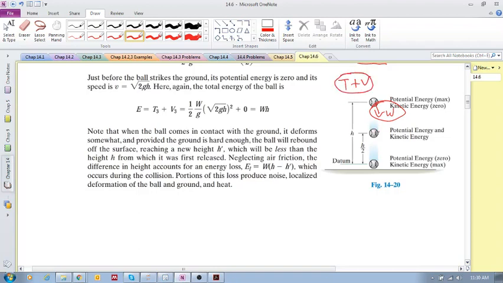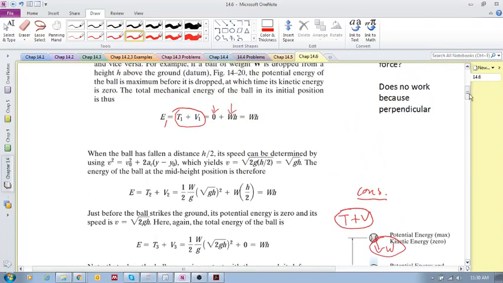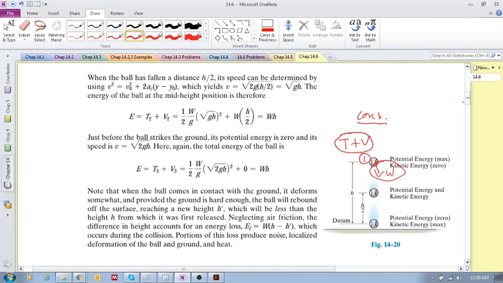So the energy at this top state, state 1, is WH, purely potential energy. Now, what is the total energy at state 2? At state 2, T2 plus V2 is equal to this long expression, and we see that it is also WH. The total energy stays the same.